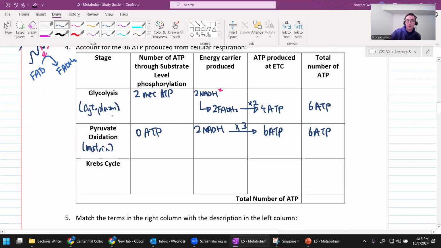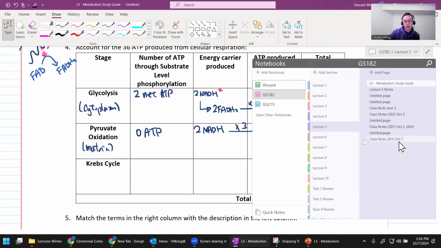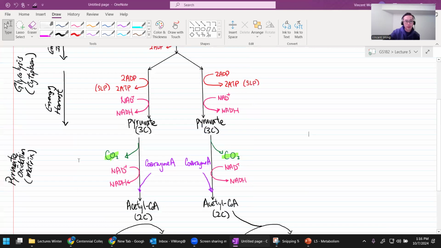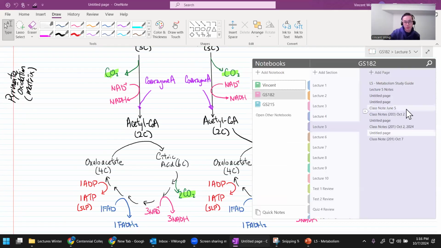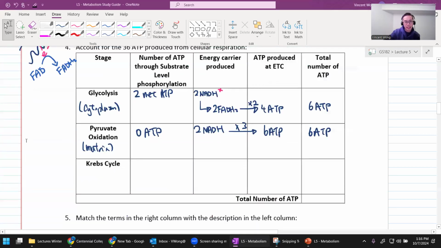Krebs cycle. So look at the Krebs cycle here. We have 2 ATP by substrate level phosphorylation, directly producing 2 ATP, 6 NADH, and 2 FADH2. If you have trouble memorizing these numbers, definitely have a cheat sheet with you on the test.